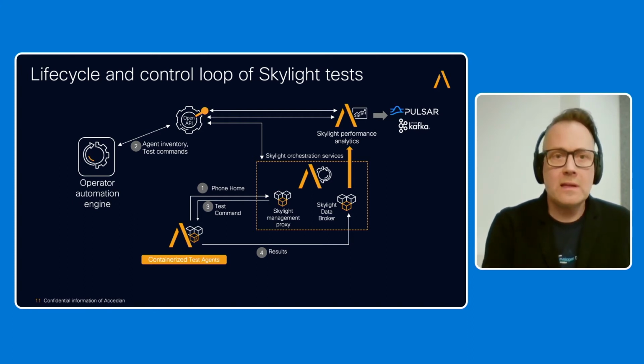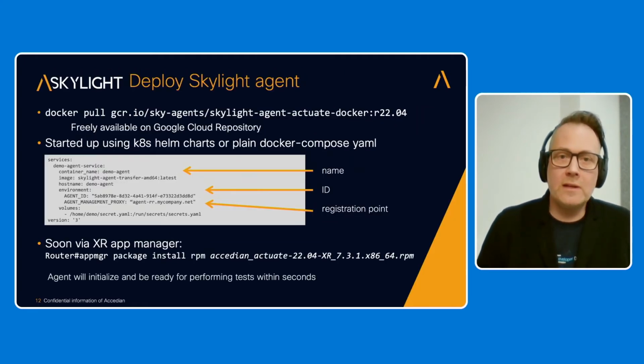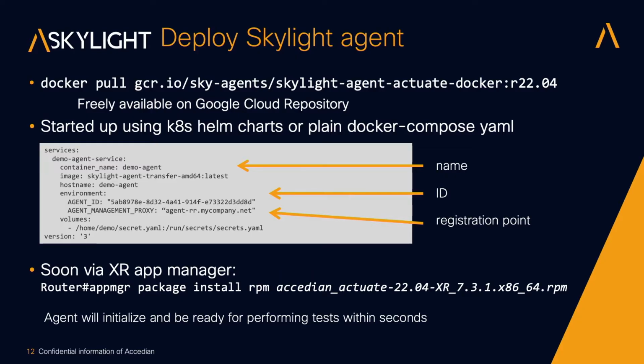So this deployment can be done quite easily straight off the internet by using Docker pull. So all our agents are publicly available on GCR, on the Google repository. So you can immediately install and get it running by just doing a Docker pull. Or you could, of course, orchestrate it through Kubernetes or similar types of container orchestration mechanisms.